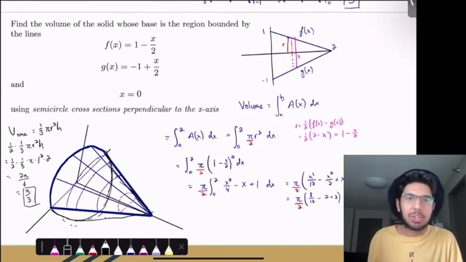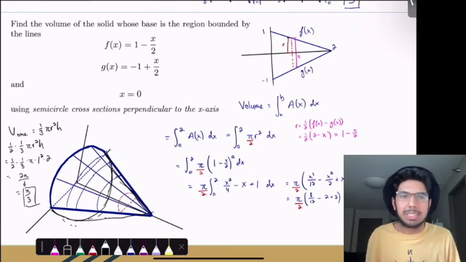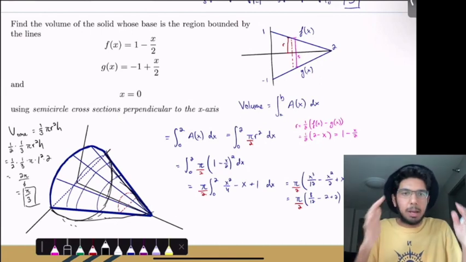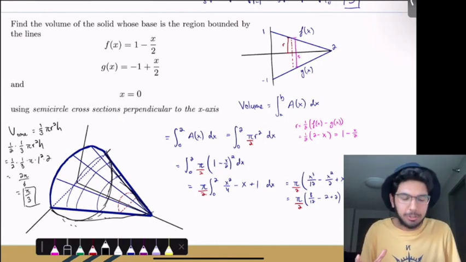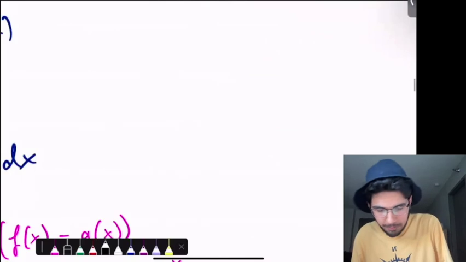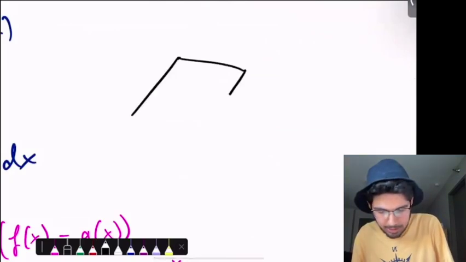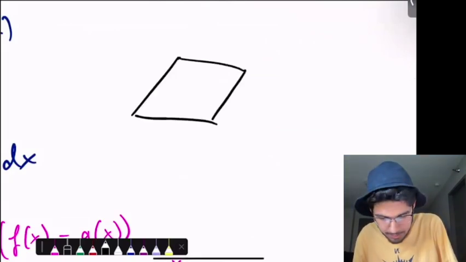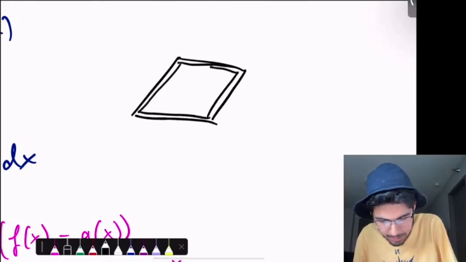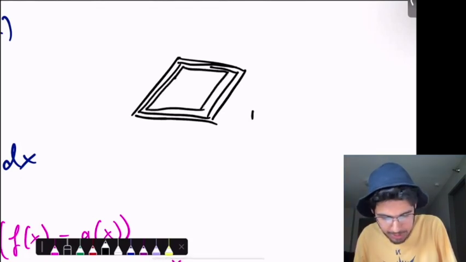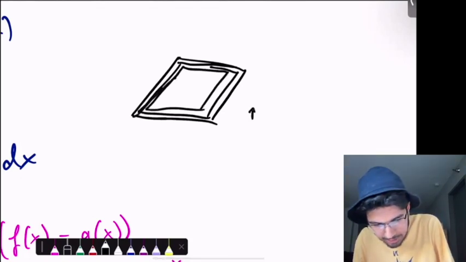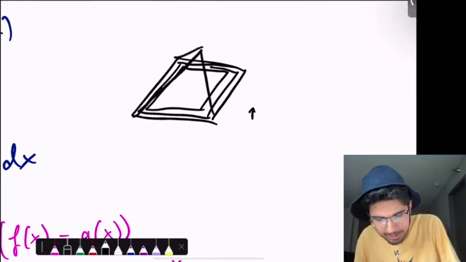Think about what I said earlier about how finding volumes is basically the same thing as taking a bunch of papers of different sizes and stacking them on top of each other to create a three-dimensional figure. For example, imagine this is a piece of paper, and then you do a slightly smaller piece of paper on top of that, and then a slightly smaller one on top of that, and this pile is going to grow in thickness, and eventually you'll get a pyramid shape in this case.